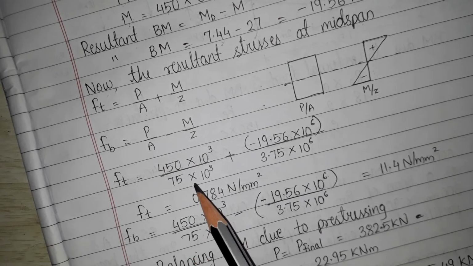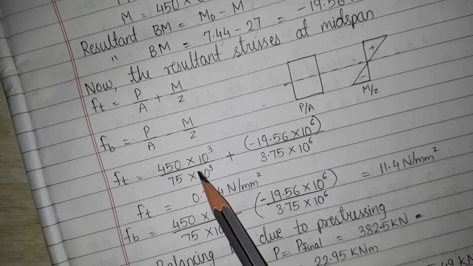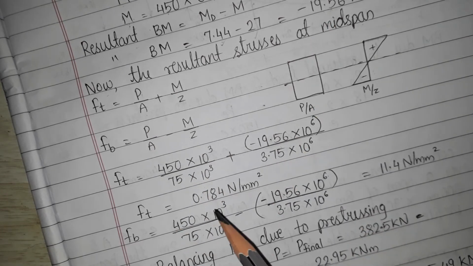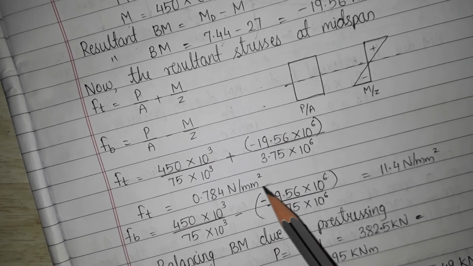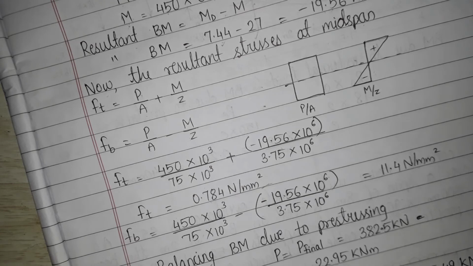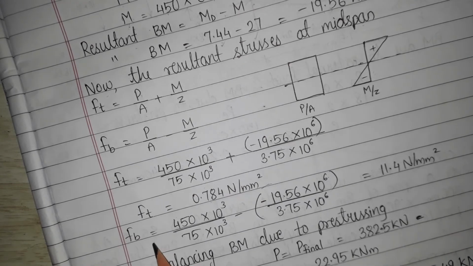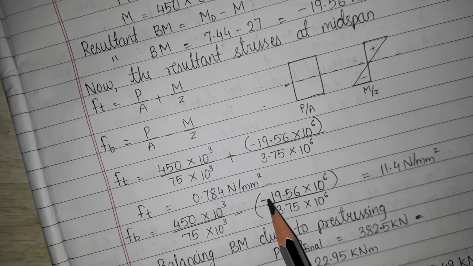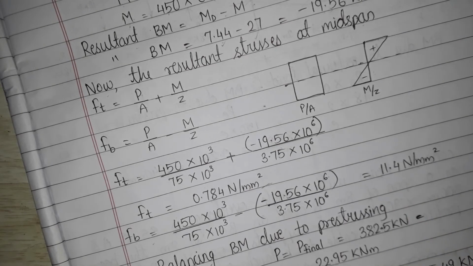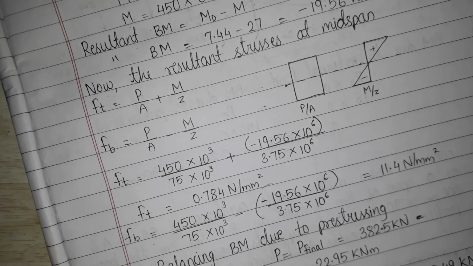Now if you check, we have P by A plus M by Z. So M you have calculated here again. So we got the top stress as plus 0.784 Newton per mm square, and for the bottom fiber we have to use minus of this. So we got 11.4 Newton per mm square. So both compression. You have got both compression.